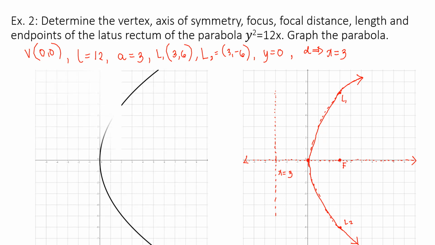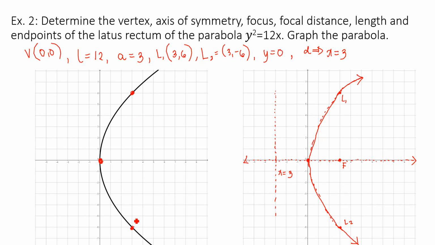The vertex is at the origin, correct? And then it passes through the endpoints of the latus rectum, which are (3, 6) and (3, -6). Therefore, it's correct.